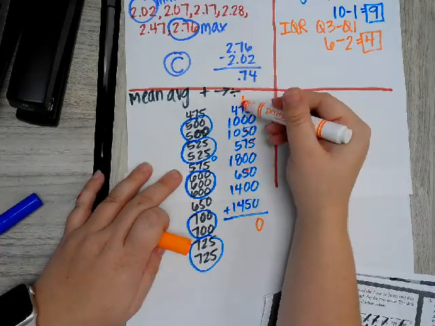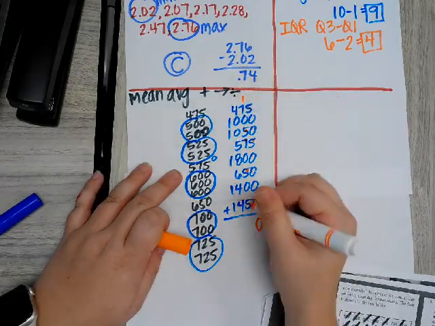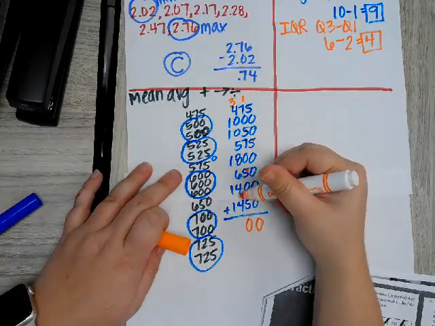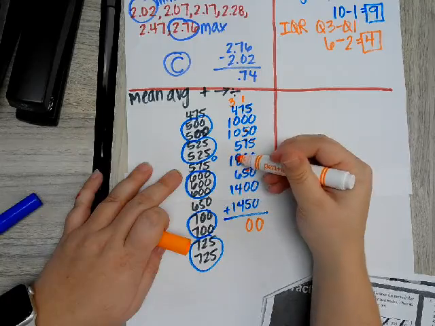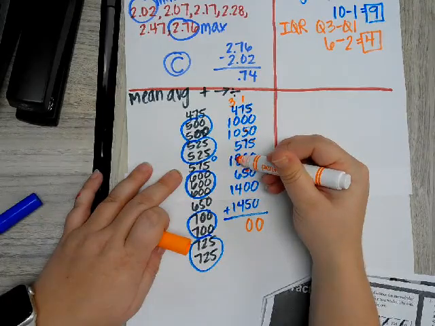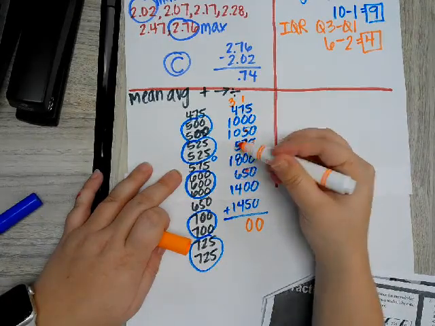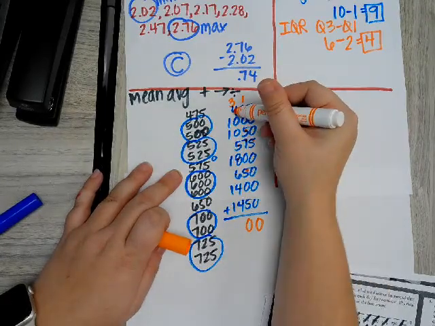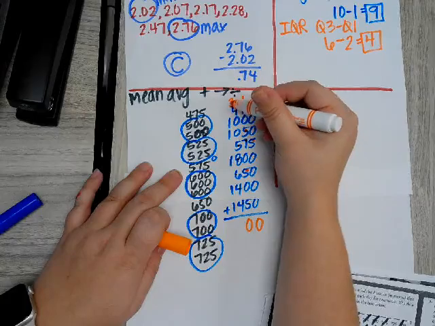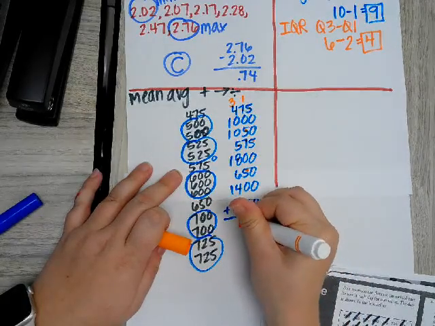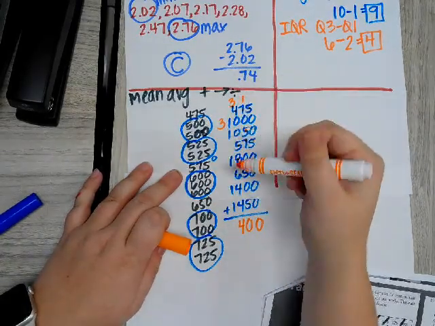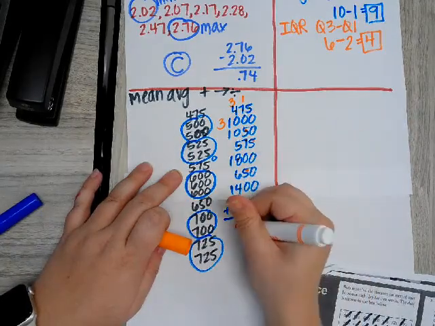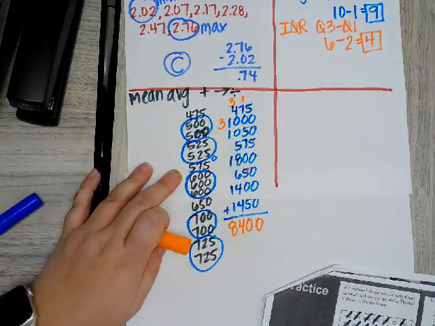Plus 1 is 30. 4 plus 4 is 8. Plus 8 is 16. Plus 6 is 22. Plus 5 is 27. 27 plus 4 is 31. 31 plus 3 is 34. So we have 8,400.